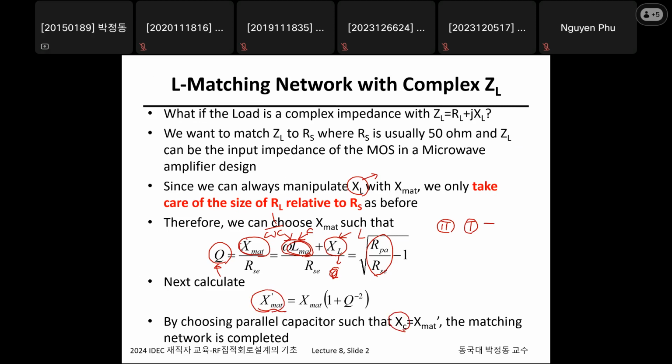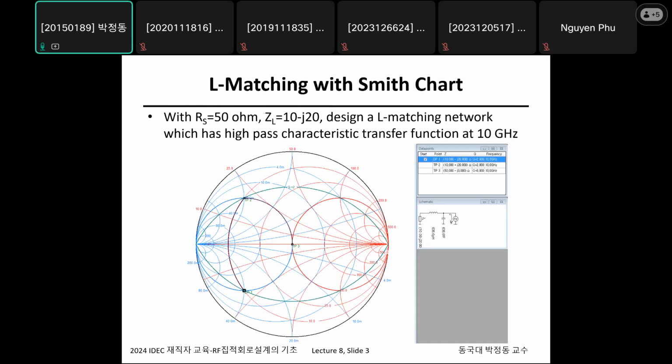Okay, so this is a typical example, right? In this example, RS is 50 ohm. The impedance is 10 minus j20, right? So in this regard, at the beginning, RL is actually set to 10, right?